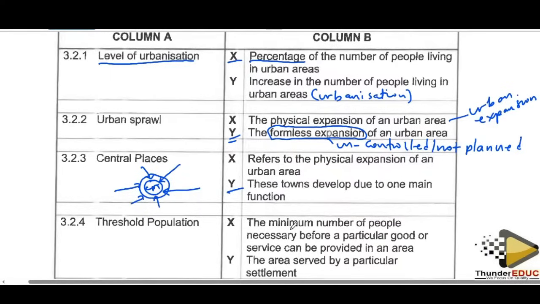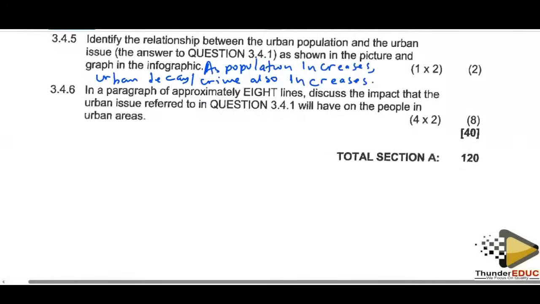All right. Then 3.2.4, so 3.4.6, discuss the impacts that the urban issue referred to will have on people in urban areas.